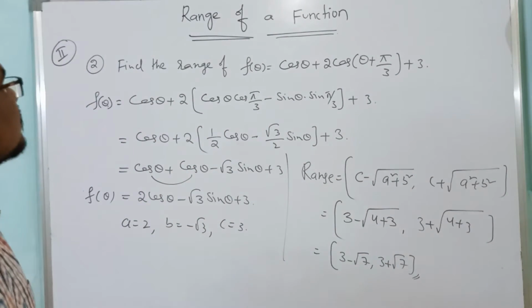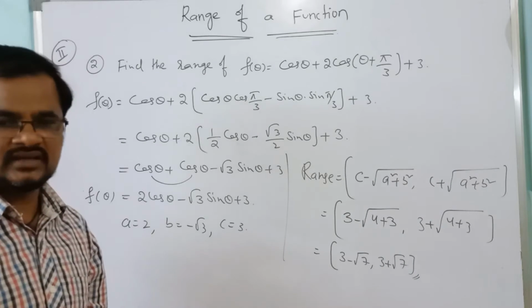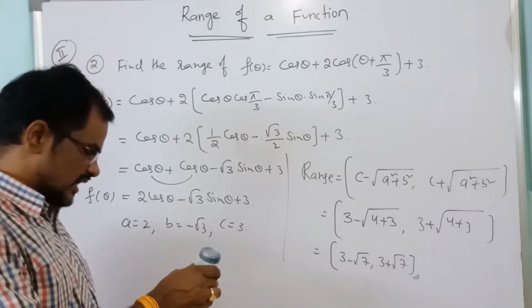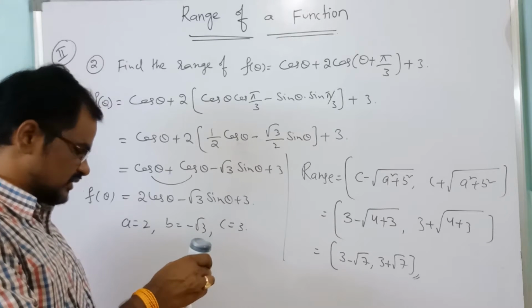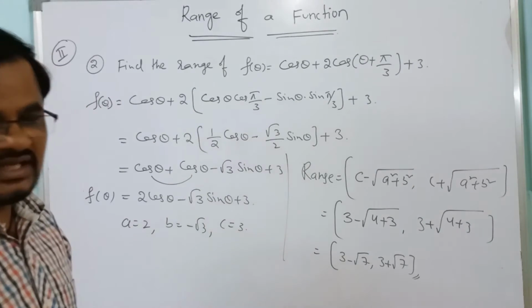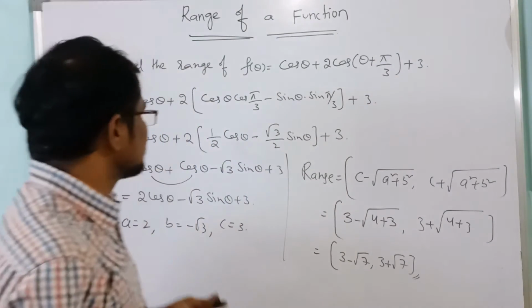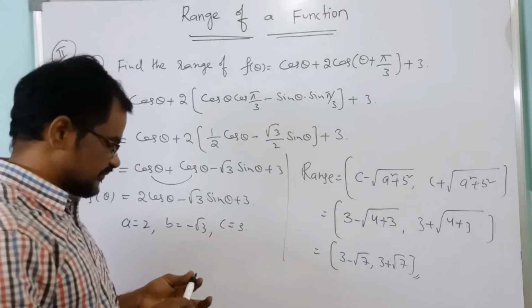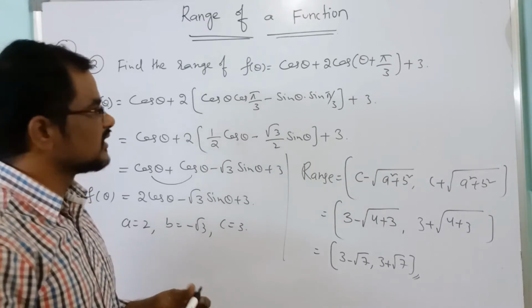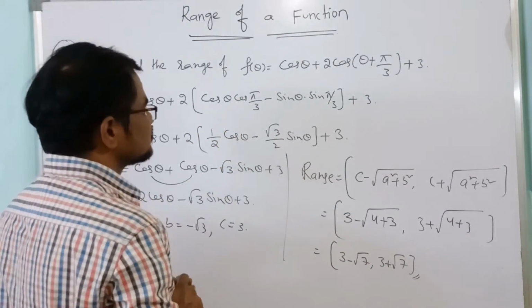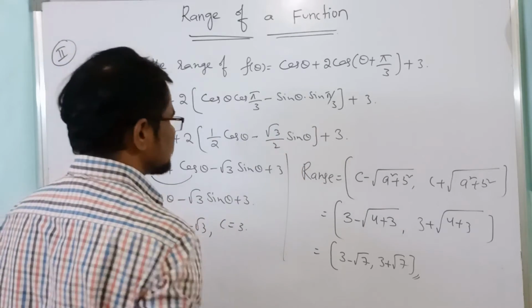For this, what you did, once again listen. Here they gave f of theta equal to cos theta plus 2 into cos of theta plus pi by 3. If you apply the cos a plus b formula, cos a cos b minus sin a sin b, then cos of theta plus pi by 3 gives 1 by 2 cos pi by 3, and sin pi by 3 is root 3 by 2.